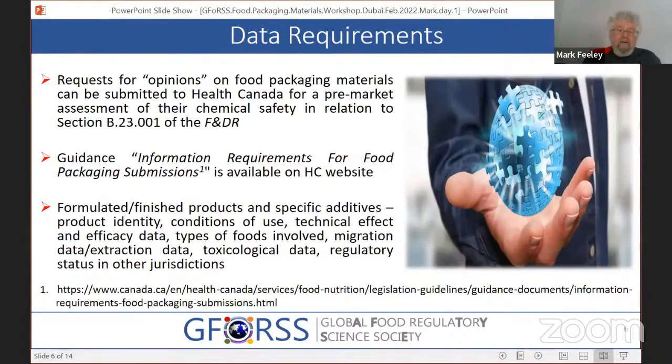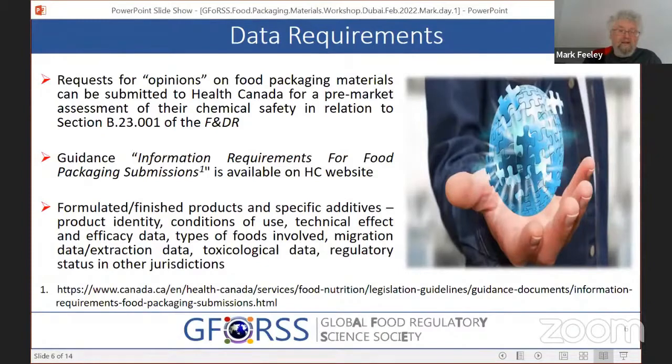In this particular case, there is guidance provided to industry, essentially a guidance document, and the URL is being provided here, where industry can review and submit the necessary data for Health Canada to conduct a pre-market assessment of their chemical safety.